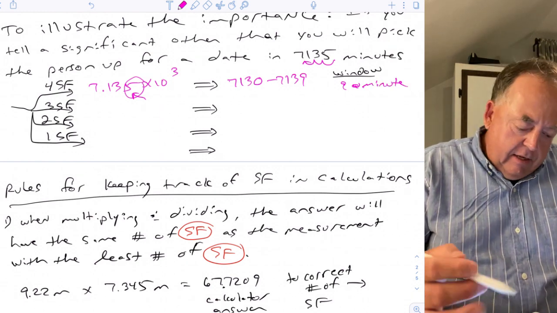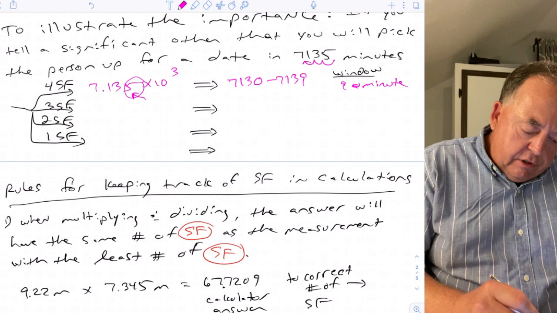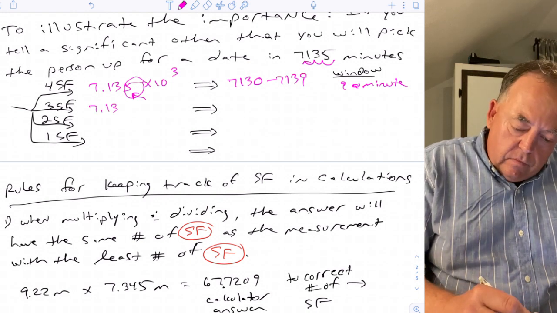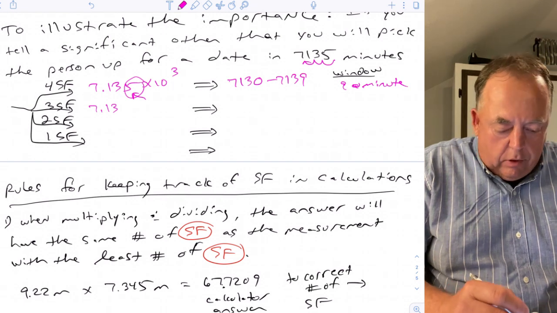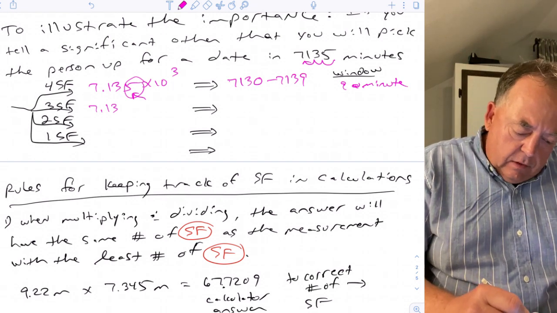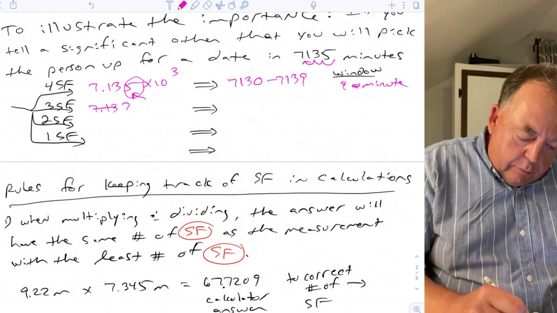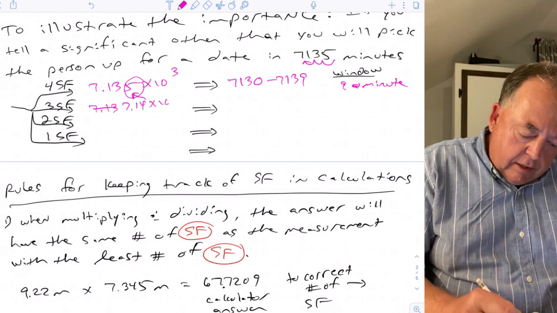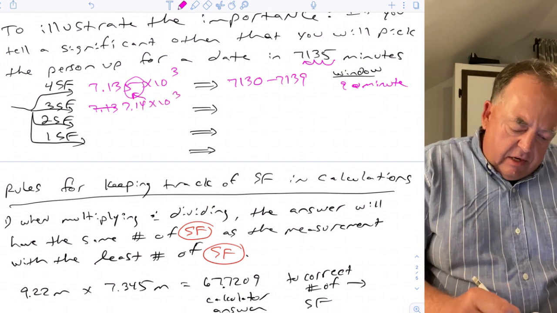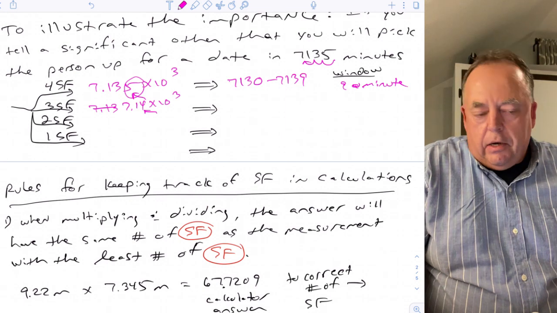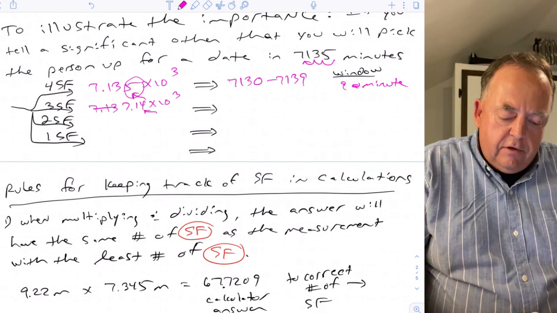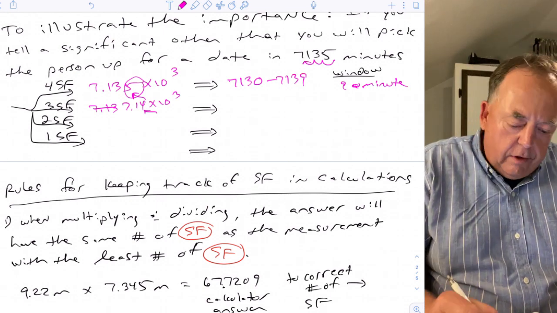right? If you're only confident in 3 significant figures, then 7.13, or we could round that up to 7.14. So let's say 7.14 times 10 to the 3. But it really doesn't matter because that 4 is a guess anyway, right? If it's only 3 significant figures, then you're not 100% confident in the 4 anyway.